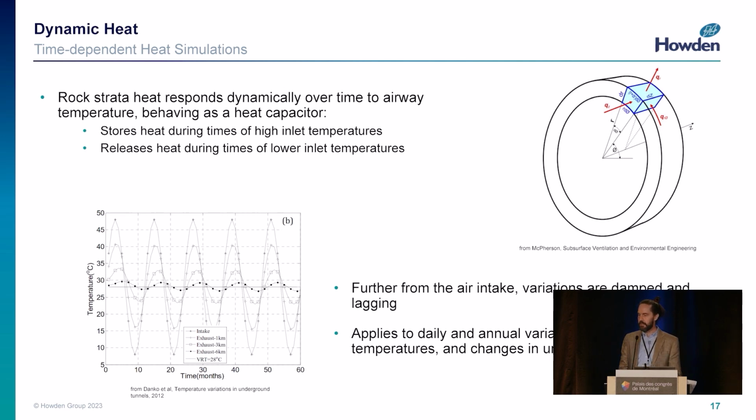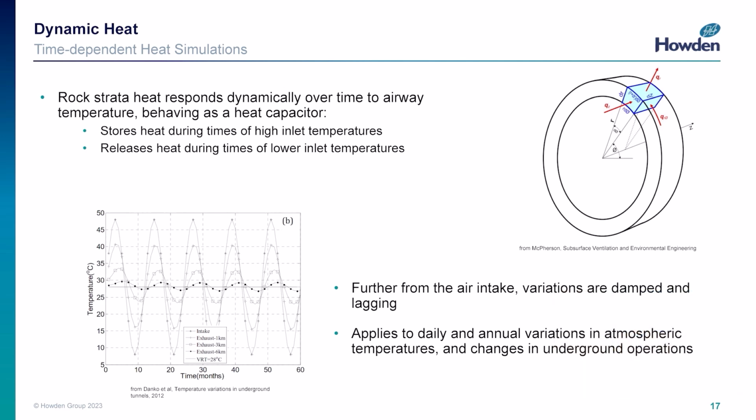And what that leads to is the rock behaving as a heat capacitor. So that capacitance will basically lead to variations being damped out and also a delay in changes from the surface travelling deeper in the mine. You can sort of see that in this graph here from a paper from George Danko a while ago.